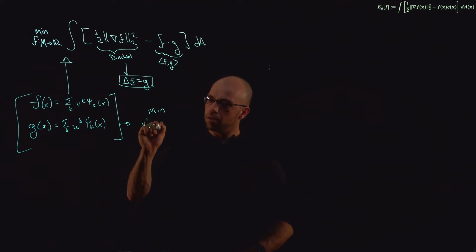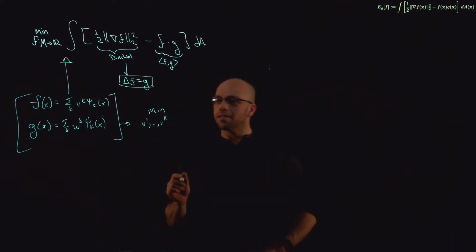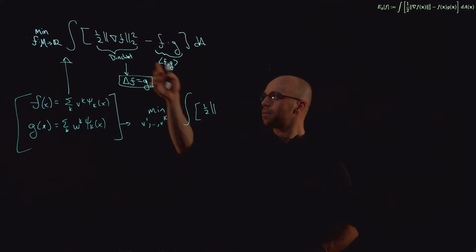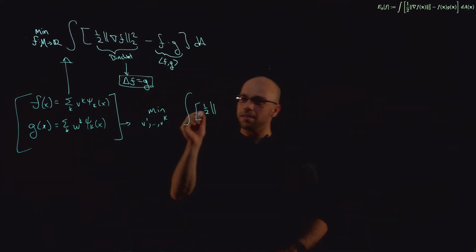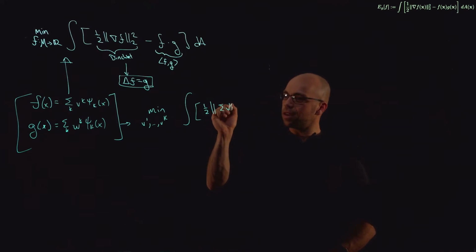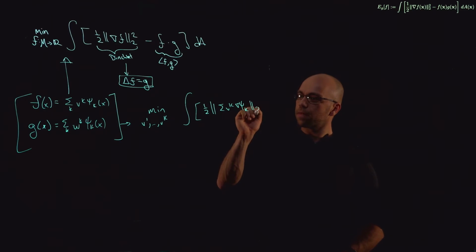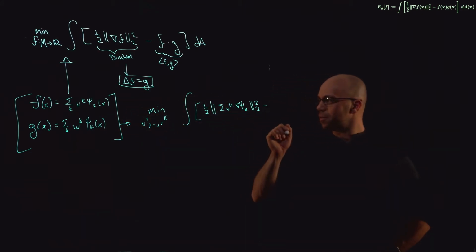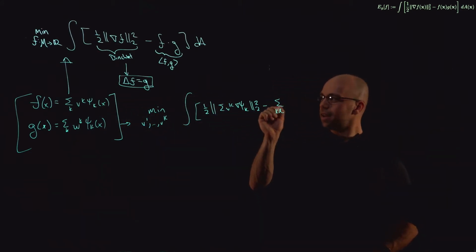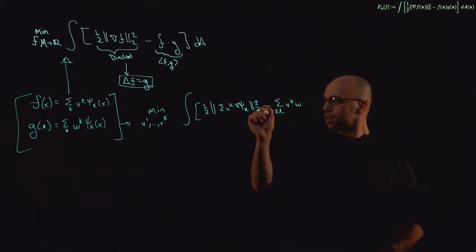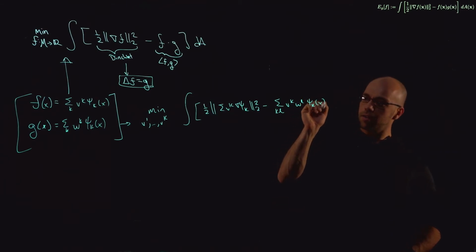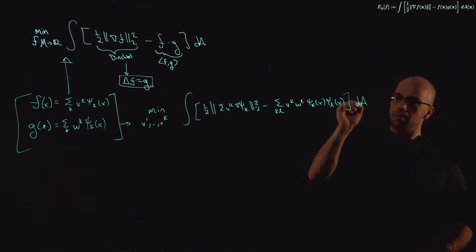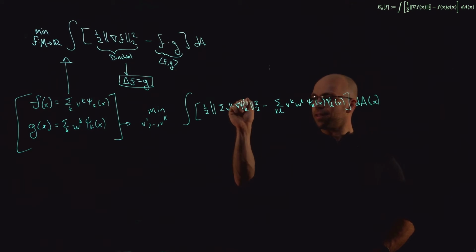Just v_1 through v_K. And we're going to get 1/2 times the norm of the gradient of f, but of course f is written in this basis here, so it's really the norm of the sum of v_k gradient psi_k, minus the inner product of f and g, but now f and g can both be written in the same basis, so maybe we write the sum over k, l of v_k w_l psi_k of x psi_l of x, like that, dA. If I'm going to be slightly less sloppy, there should be an x there too.